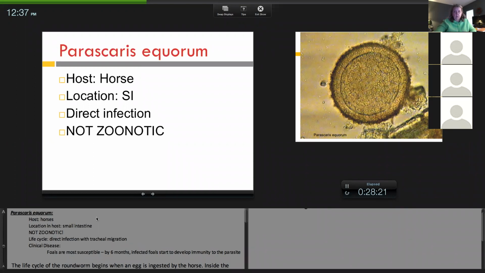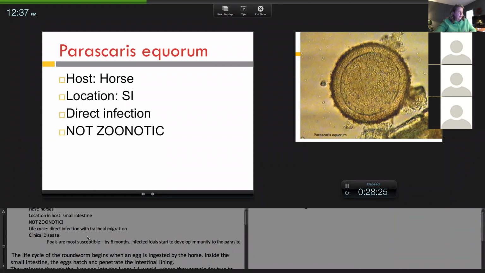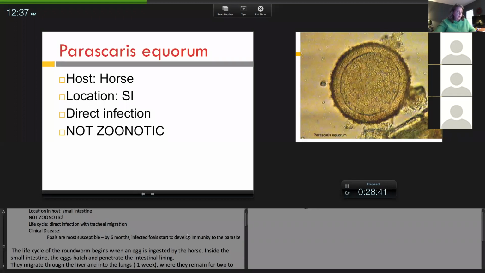That's how it seeds and goes through its cycle. Foals are where we worry, most susceptible, more than the adult horse, usually around 6 months. But once they've been infected, they can develop some immunity to this.